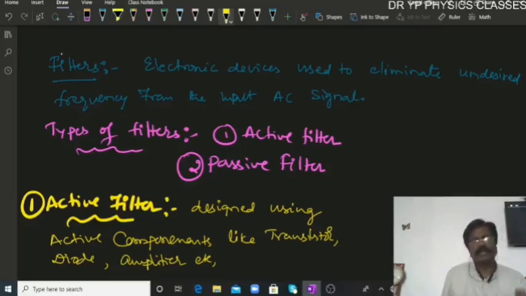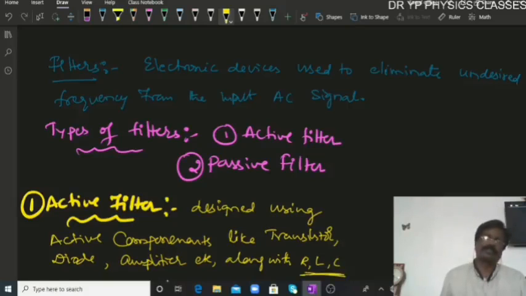So when I design a filter, I have to use any one of these components or all the three components, all these active components in the circuit, along with RLC, resistor, inductor and capacitor. These are called the passive components or passive circuit elements.